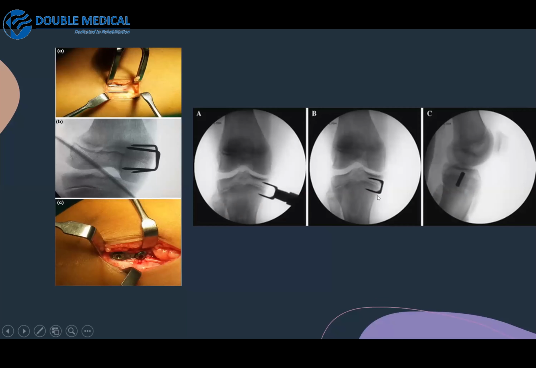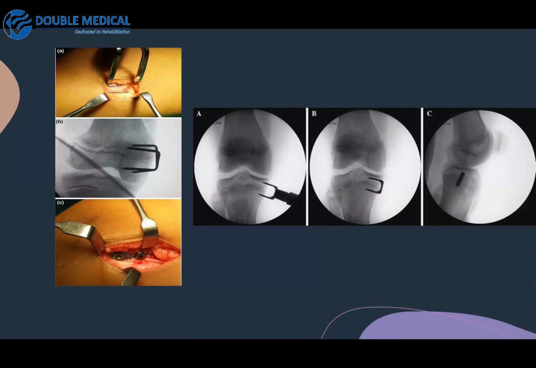The problem with the staples is that, during follow-up, we sometimes notice they tend to dislodge because of the pressure from the growth they are meant to prevent.